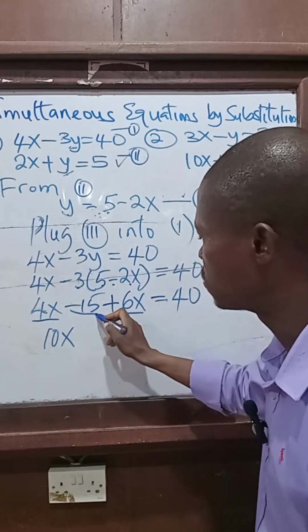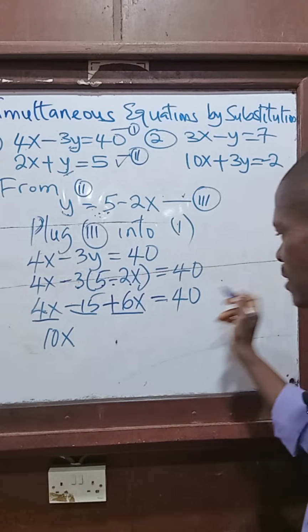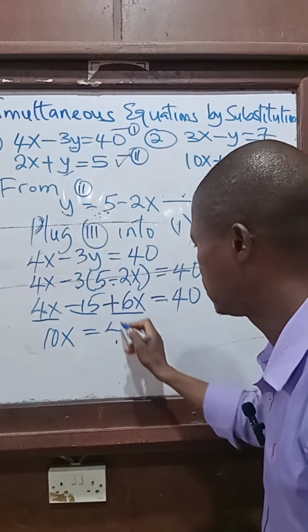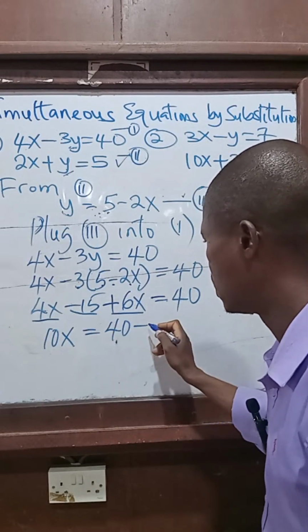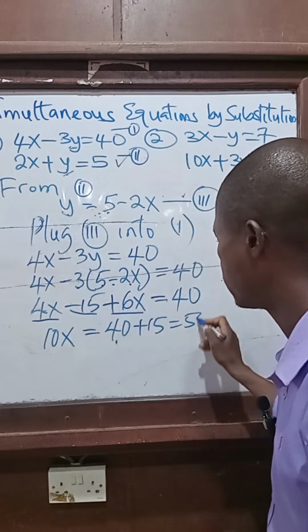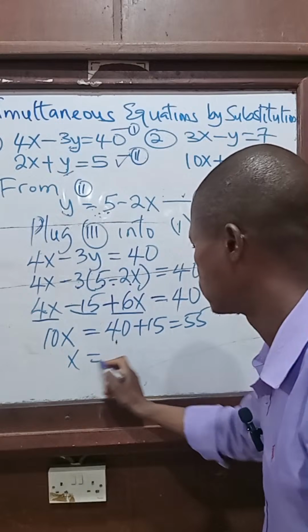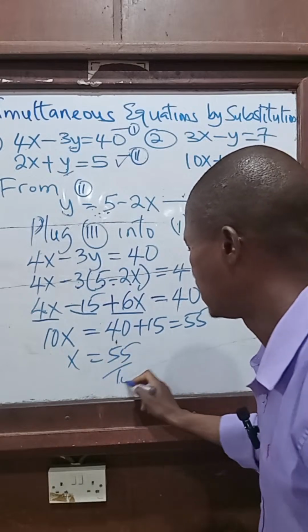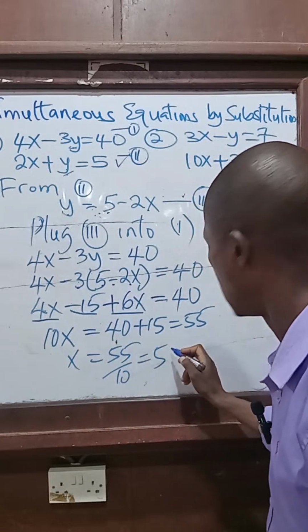This minus 15, move it to the other side, and that's 40 plus 15, that's 55. So x is equal to what? 55 over 10, and that's 5.5.